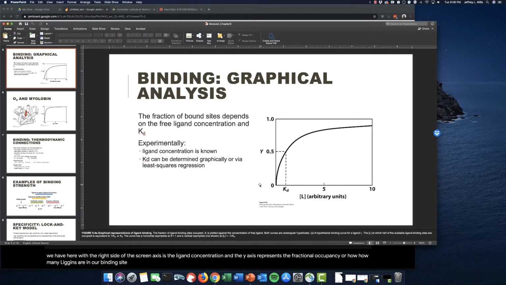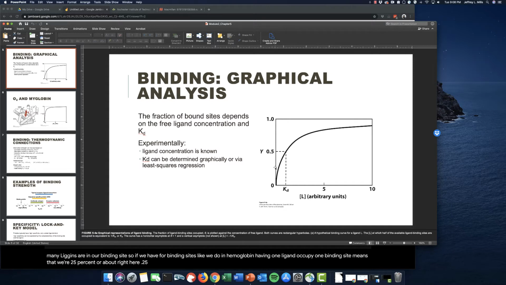So if we have 4 binding sites like we do in hemoglobin, having one ligand occupy one binding site means that we're at 25%. Or about right here, 0.25.